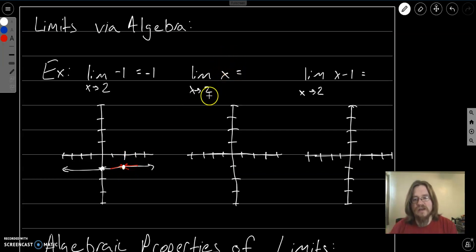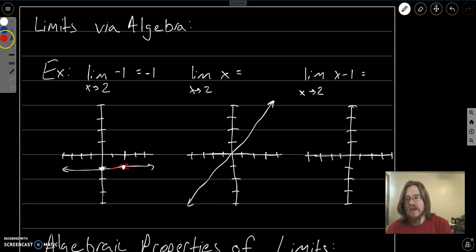The limit as x approaches 2 of x, well, the graph of x is just slope 1. This is pretty straightforward. And again, as x gets close to 2, either from the left or right, we can see that no matter what we're doing, we're always approaching 2.